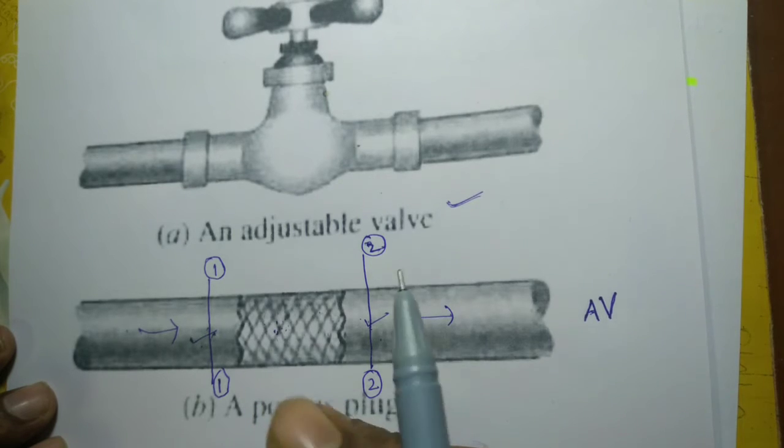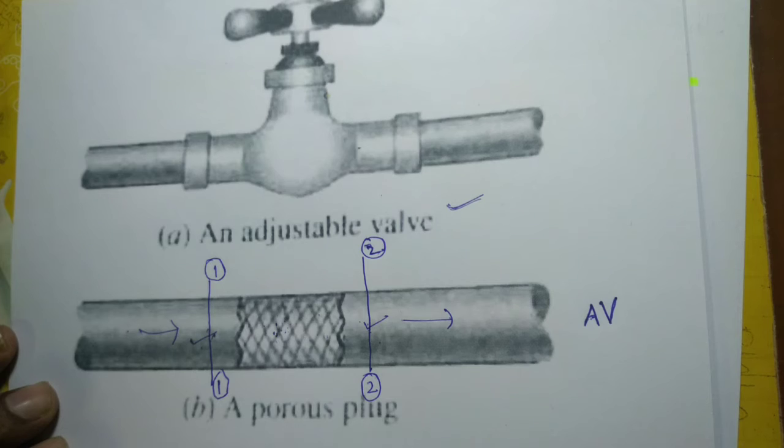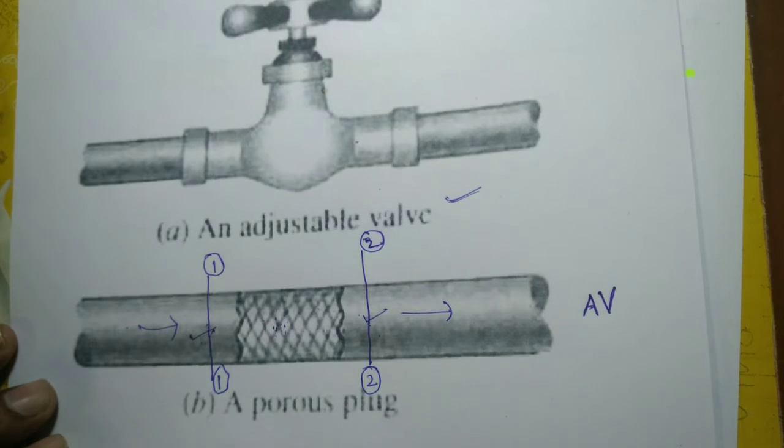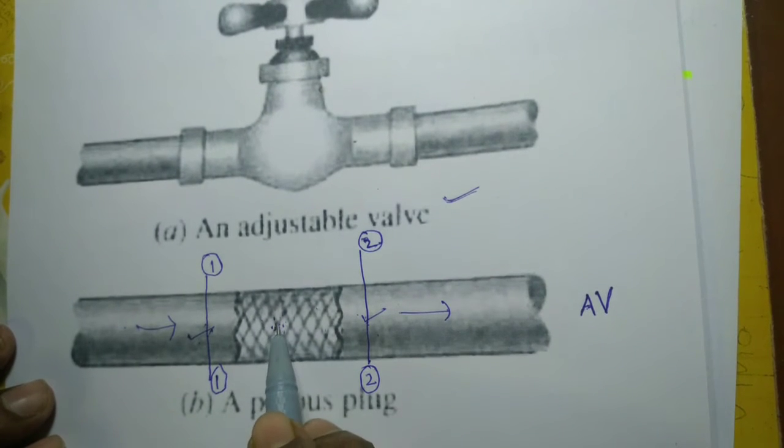Because some pores are there, obviously there is a reduction in cross-sectional area. Here is the obstruction, that's why it is a throttling device, because these pores result in a restricted flow, otherwise the flow would have been smooth. So due to the presence of pores, there is a reduction in cross-sectional area.